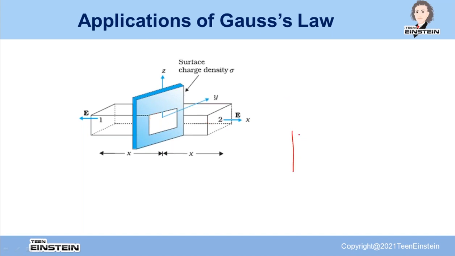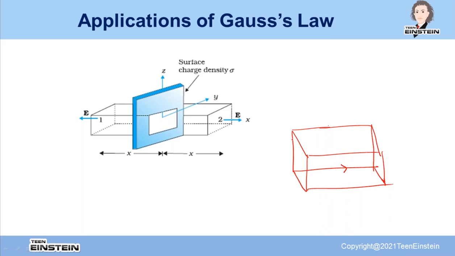So if I take this as x, this is z, and this is y. Along the y direction you will have 2 faces, this face and this opposite face, right? And along the z direction, this is up and down. And along the x direction another 2 faces, these 2, opposite faces. So there are 6 faces.